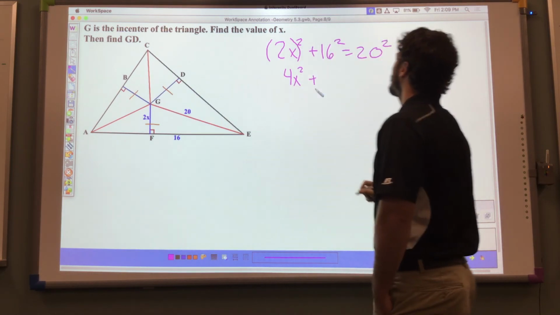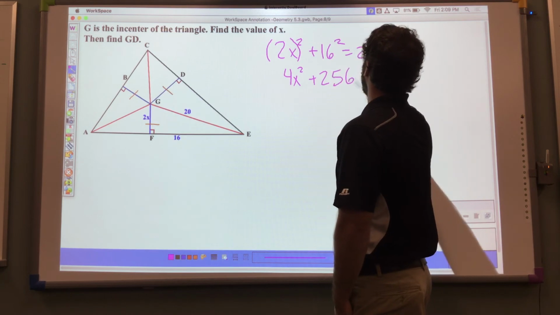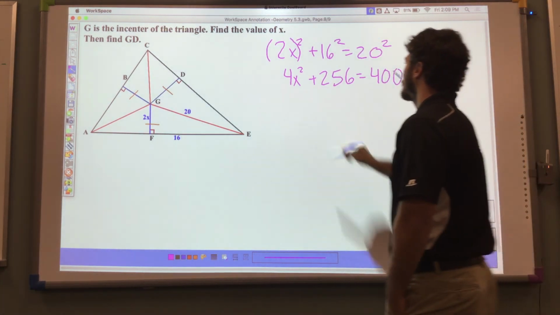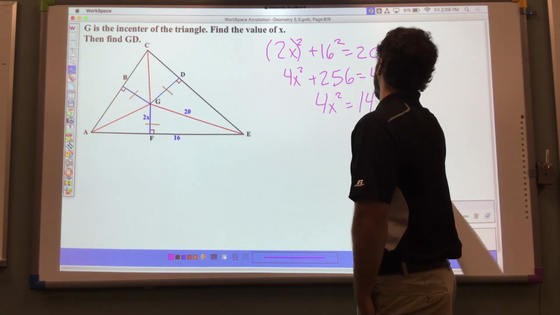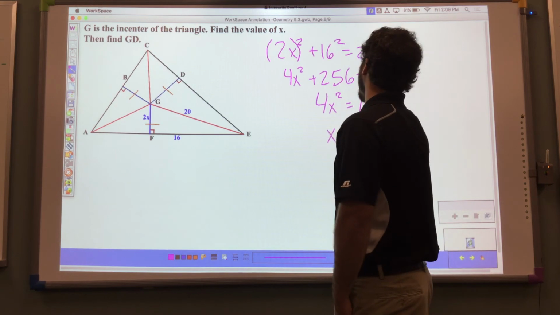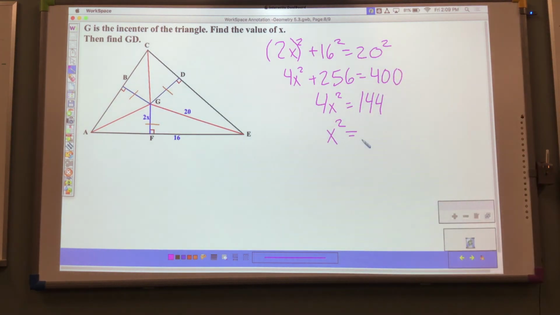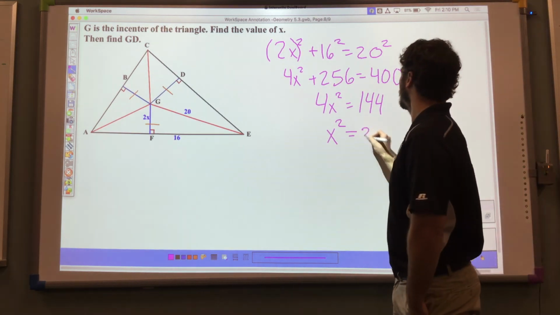So 16 squared, if I remember right, is going to be 256. And 20 squared is 400. Then we would subtract. Then we're going to divide by 4. And let's see, that's going to be 38, doesn't it?